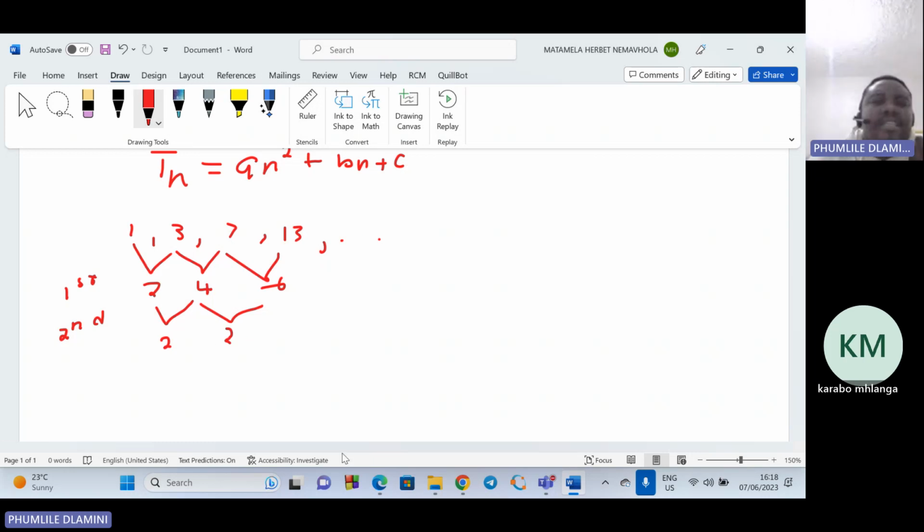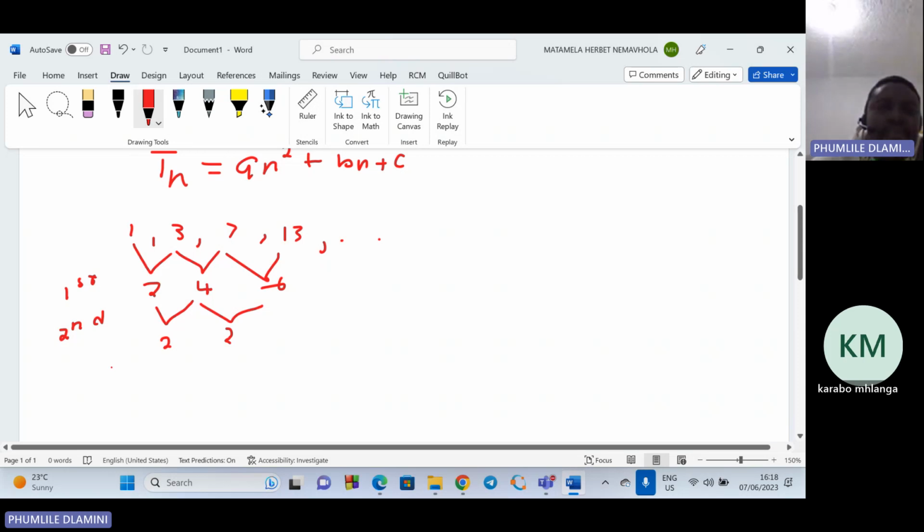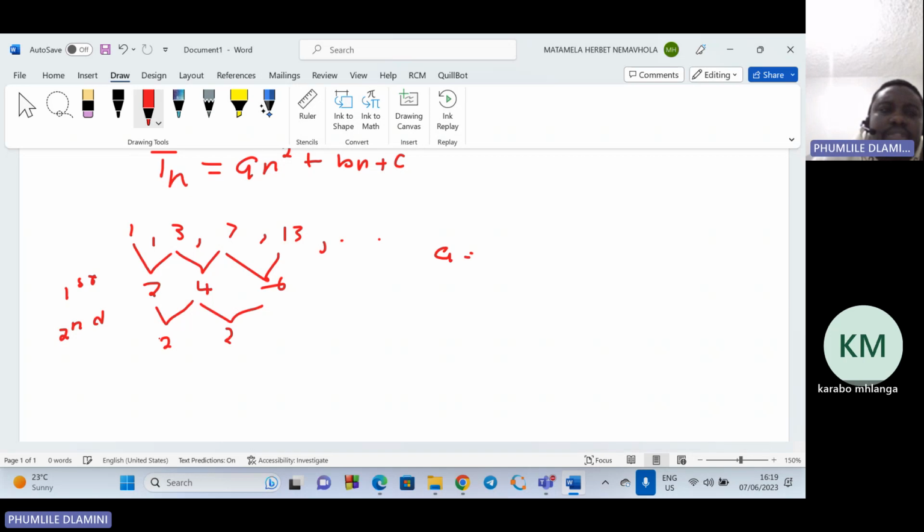So when we work it out, we first find a. The first thing that we do here, we have a second difference. In the second difference, your a equals, take this second difference, which is 2, and divide it by 2.